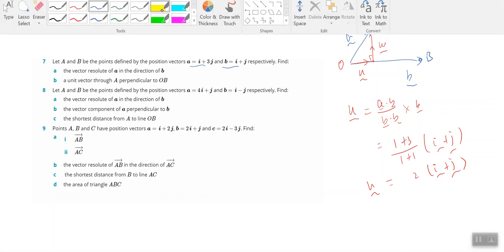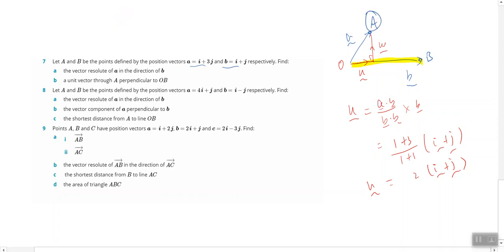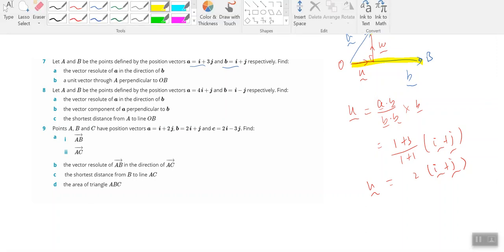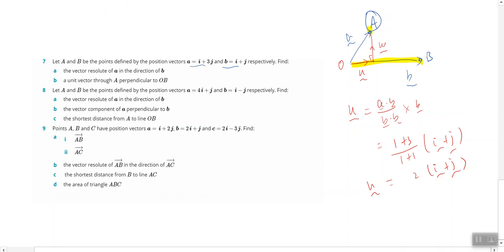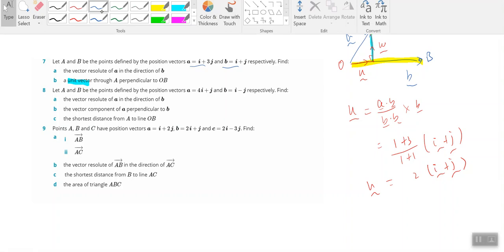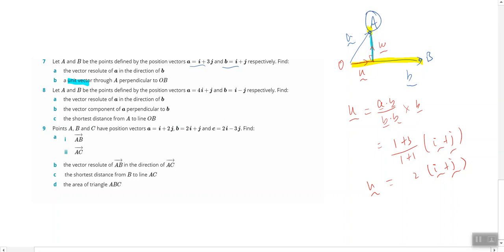Well, OB is this line over here, and this is A. So if you want a unit vector that's through A and perpendicular to OB, it's asking you to get W, but not just W, it's asking you to get a unit vector of W. So once you work out W, you just take the unit vector of it.